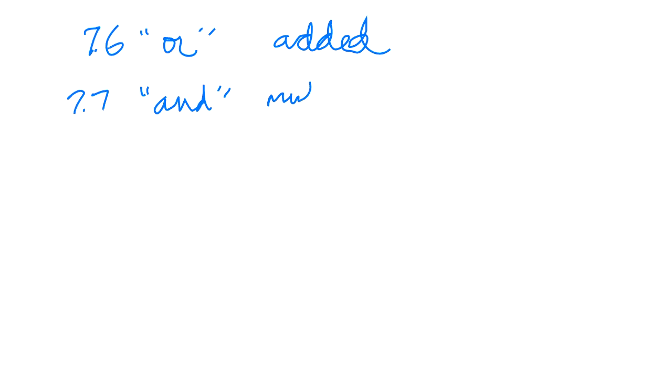It was in the army or a male, and we added the two probabilities together. But when you get to 7.7, the word changes to and. And instead of adding, when we get to the ands, you have to multiply. So you're going to multiply on these. But all the other stuff stays the same.